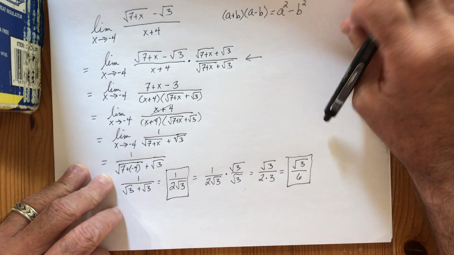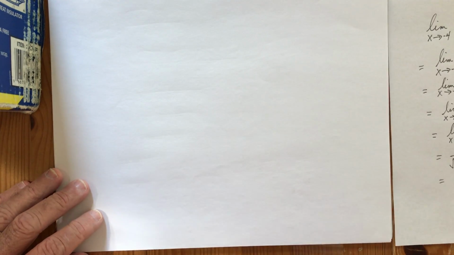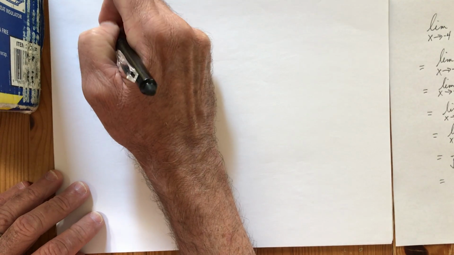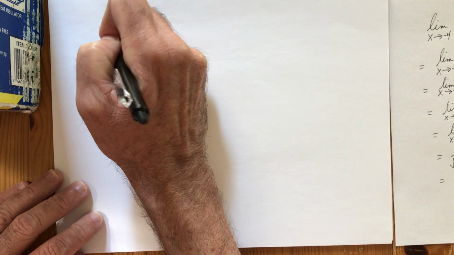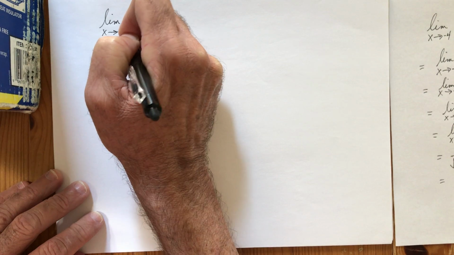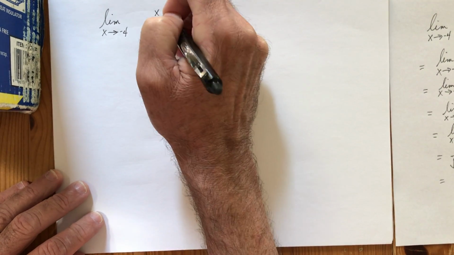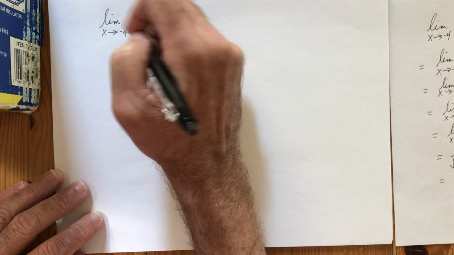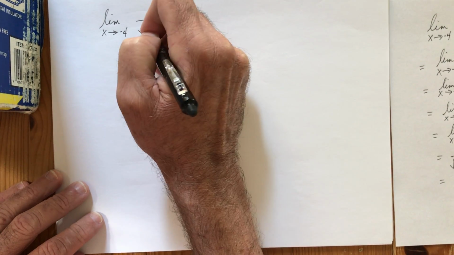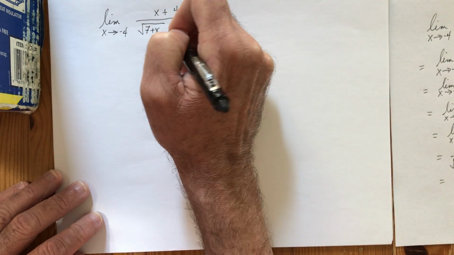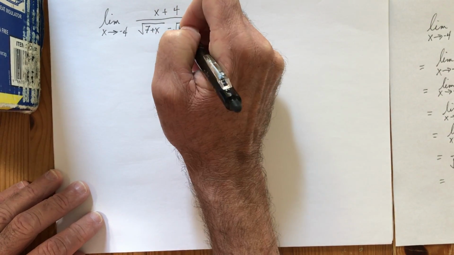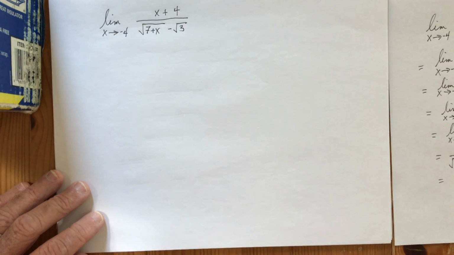Now, moving on, we could have had this similar problem. We could have had it in this format. The limit as x approaches negative 4 of x plus 4 over the square root of 7 plus x minus the square root of 3. Right?